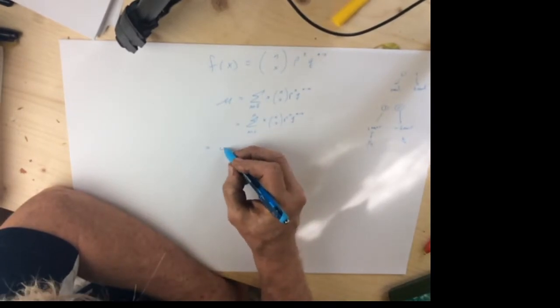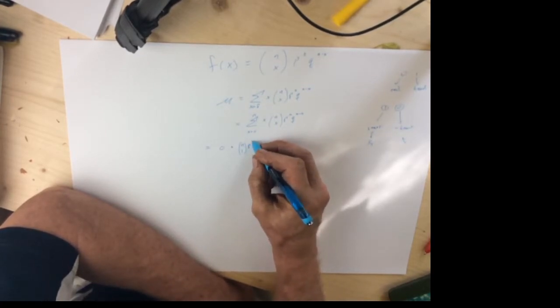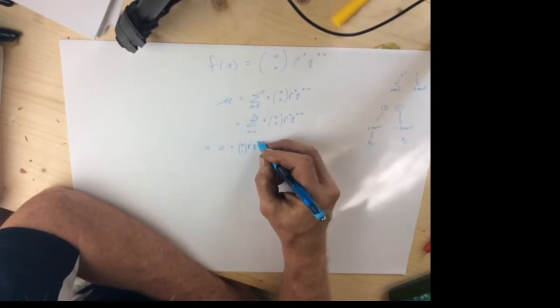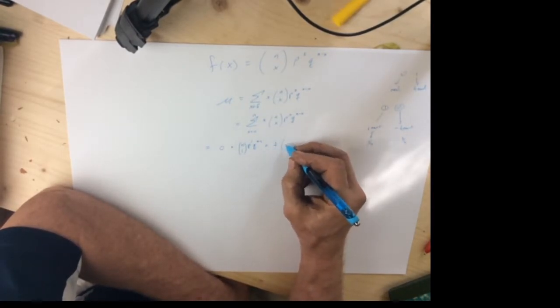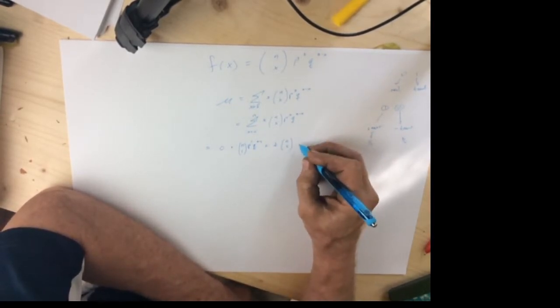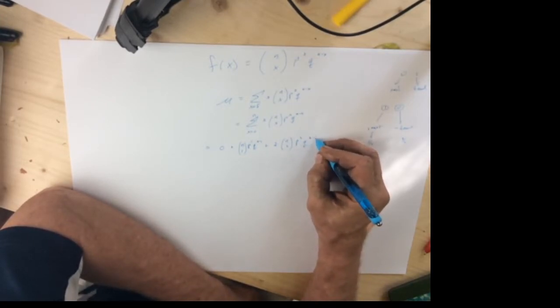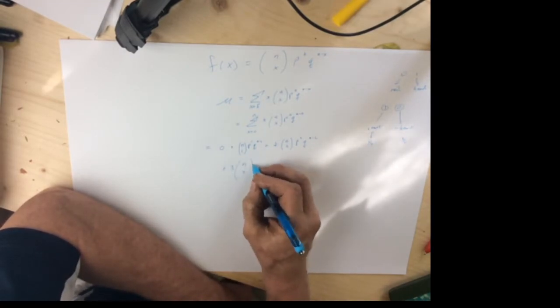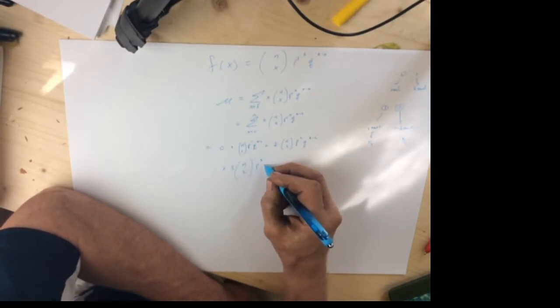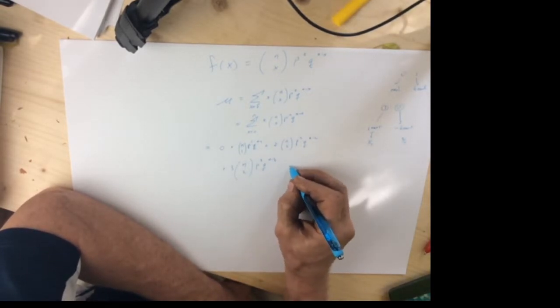If I put in 0, I get 0. If I put in 1, I get n choose 1, p to the first, q to the n minus 1. And then if I put in 2, I'll get 2 times n choose 2, p squared q to the n minus 2 plus 3 times n choose 3, p cubed q to the n minus 3.